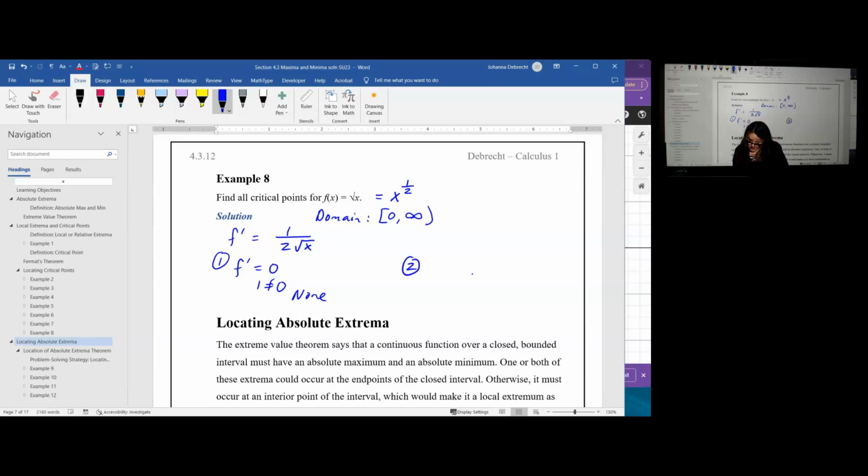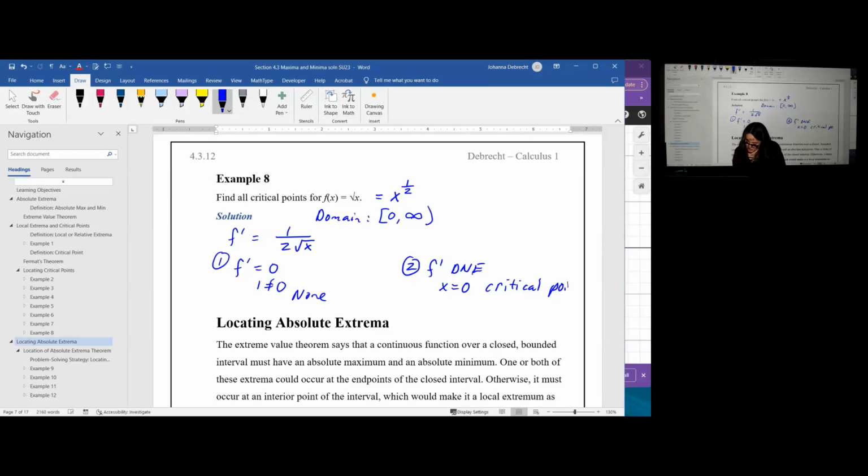The second is that the first derivative does not exist, but the function does. The first derivative does not exist at 0. Is 0 in the domain? As a matter of fact, it is. This gives us x equals 0 as a critical point.